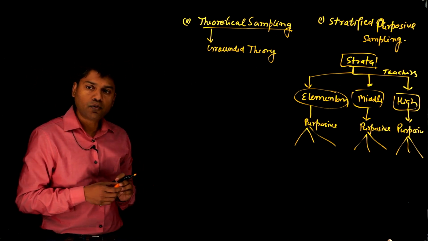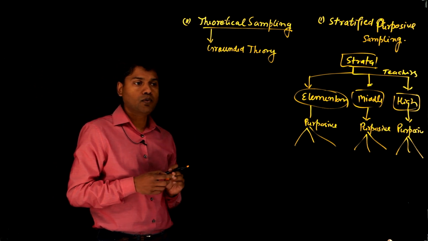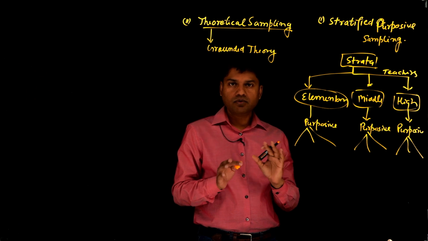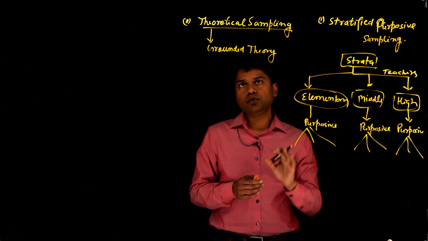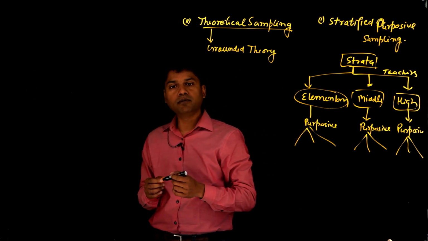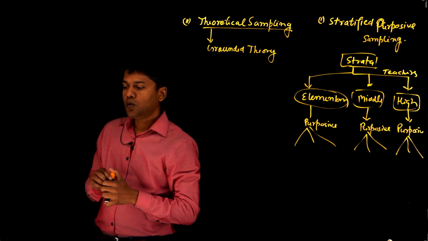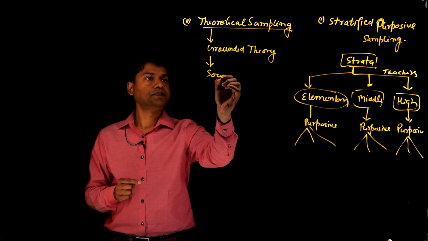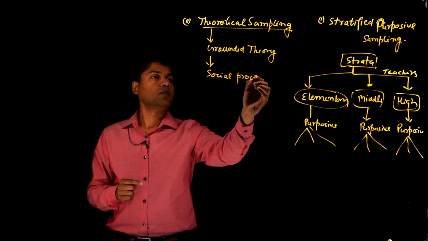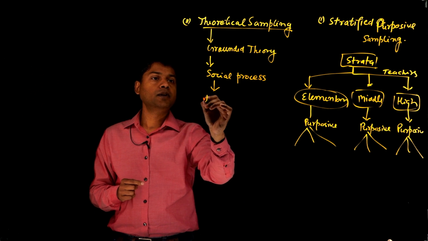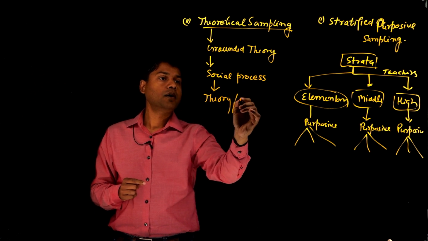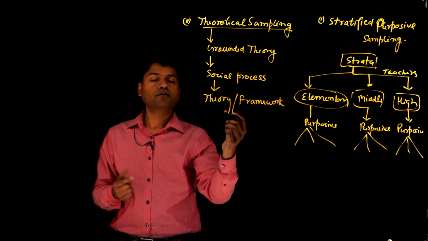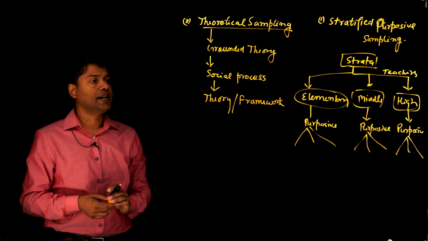If you remember in our previous video when we were talking about what is grounded theory methodology, let's do a brief recap. Grounded theory is a suitable methodology which is used when I want to understand a social process and want to develop a theory or a framework related to a social phenomenon that I want to understand.